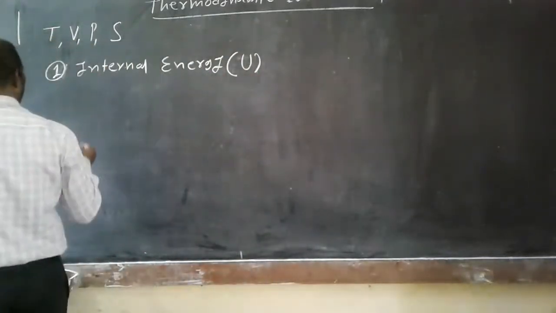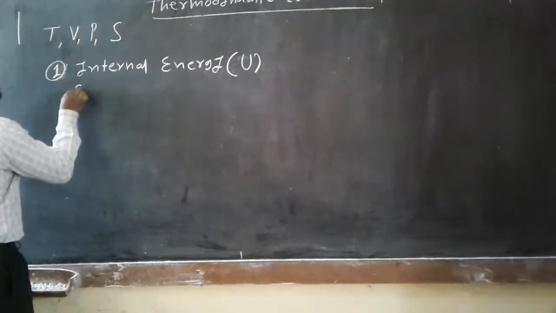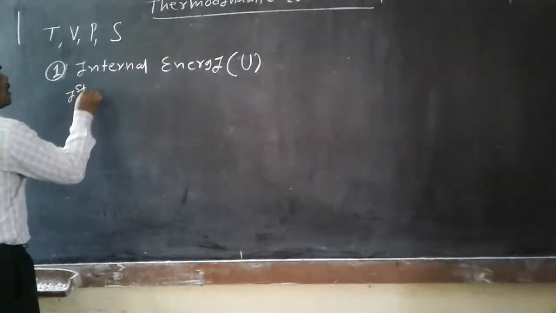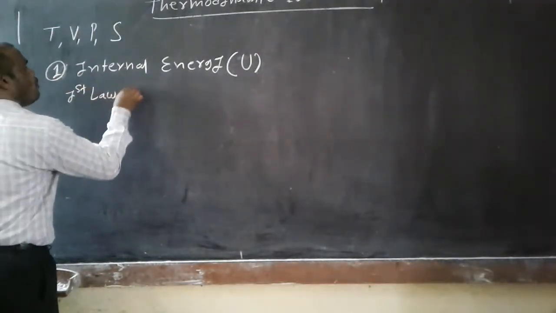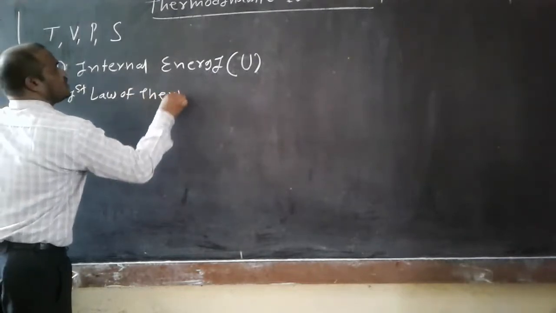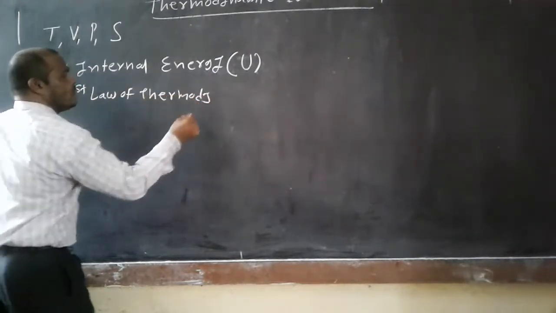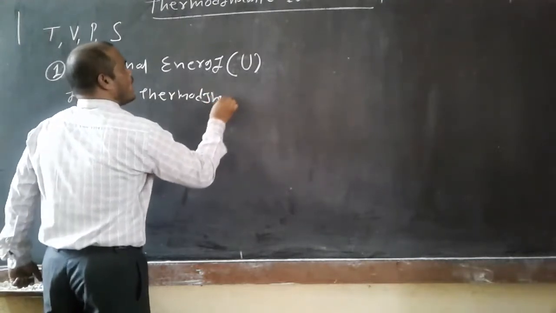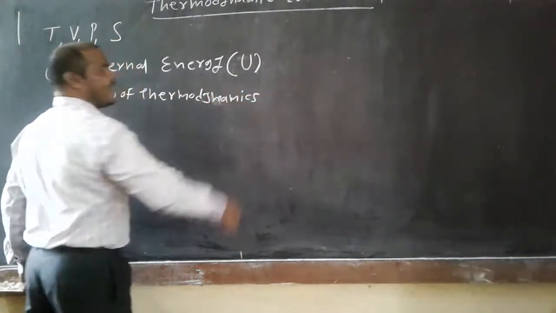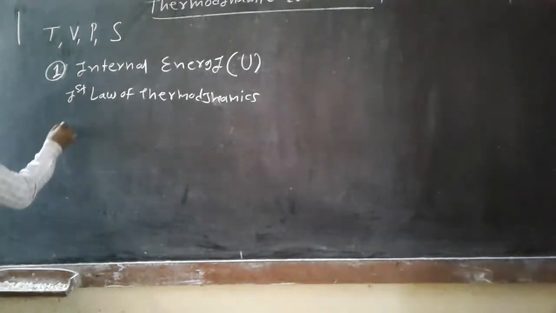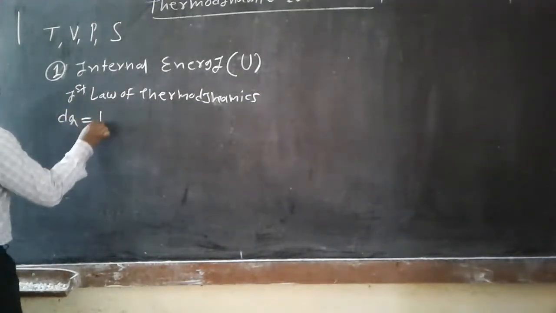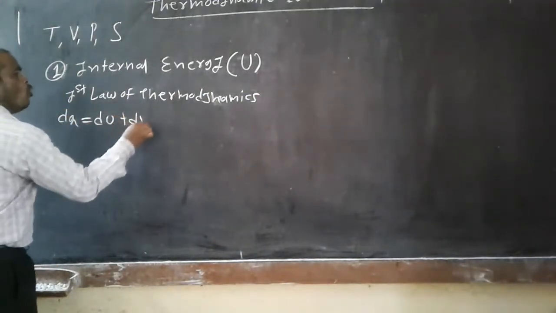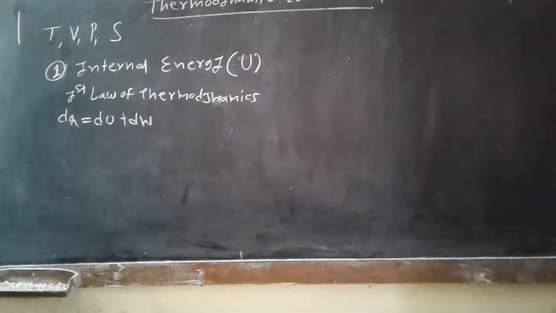So using the first law of thermodynamics, I can write dQ equal to dU plus dW.